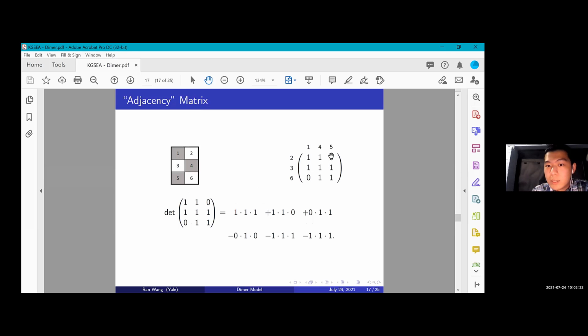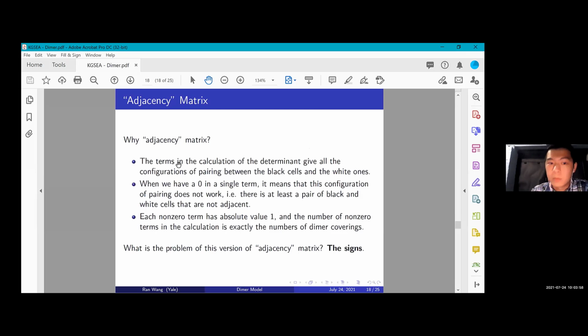The 0 is indexed by 2 and 5, a white and a black. The 1 is indexed by 3 and 1, white and black, and the 1 again here is indexed by 6 and 4, white and black. So we have 3 white cells and 3 black ones, and we pair these so that we can make 3 pairs. This is what this means.